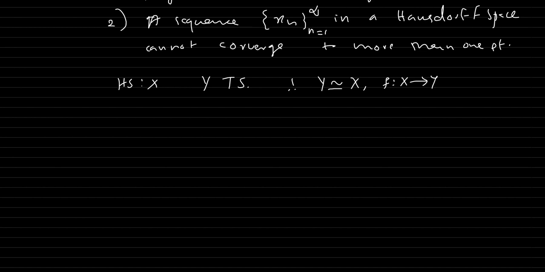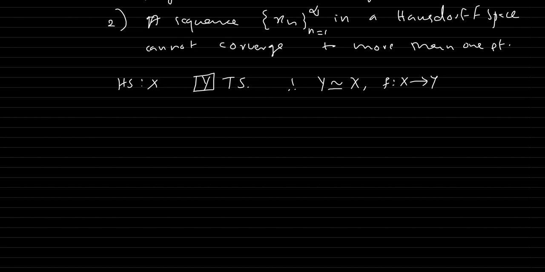Then we know that a homeomorphism is a bijective function for which the function and its inverse are continuous. So here f is bijective, f is continuous, and f inverse is also continuous. We need to prove that Y is a Hausdorff space.